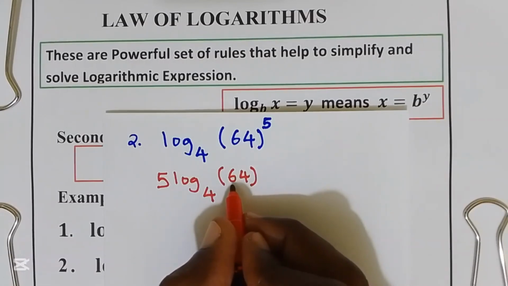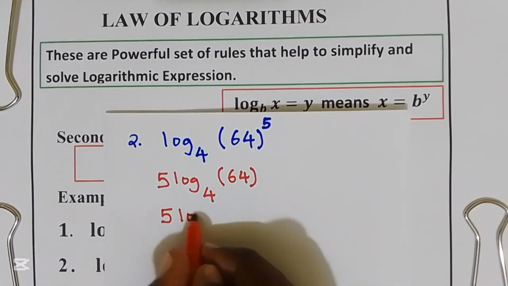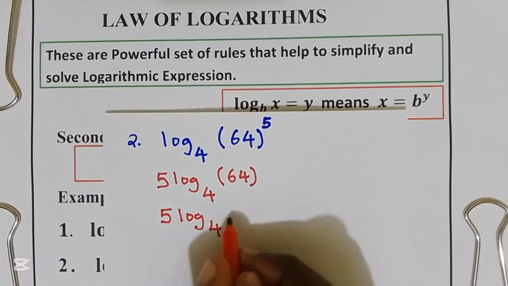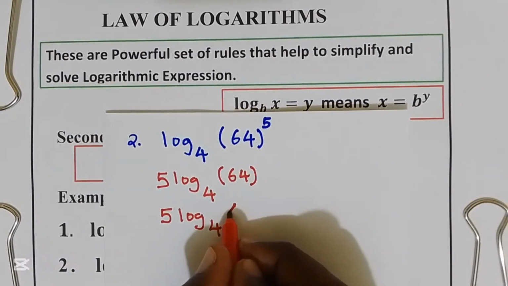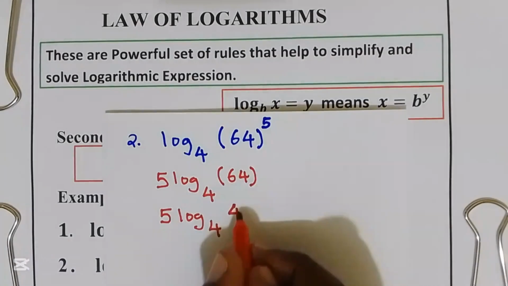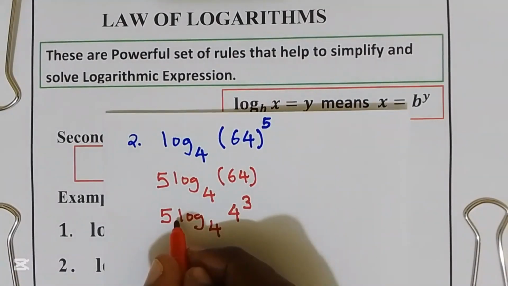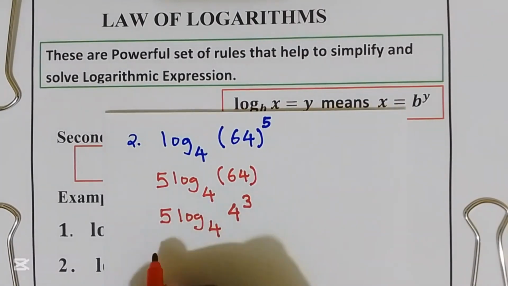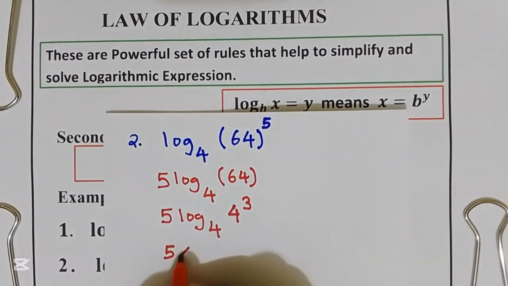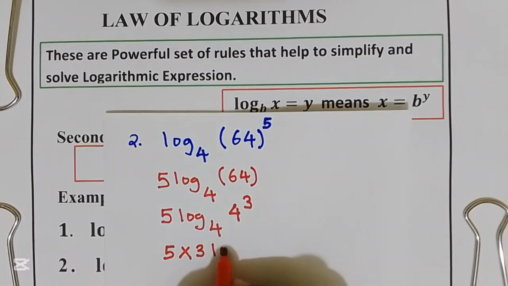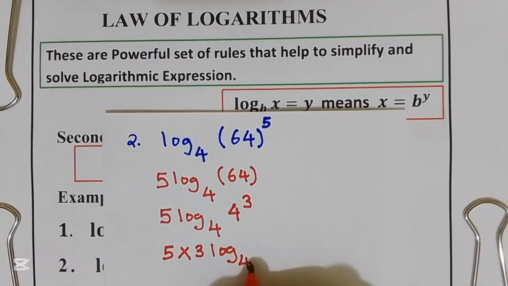That is going to be 5 log base 4, 64 is the same as 4 to the power 3. Again, I can bring 3 in front of the log, and I'm going to multiply by 5. That is going to be 5 multiplied by 3 log base 4 of 4.